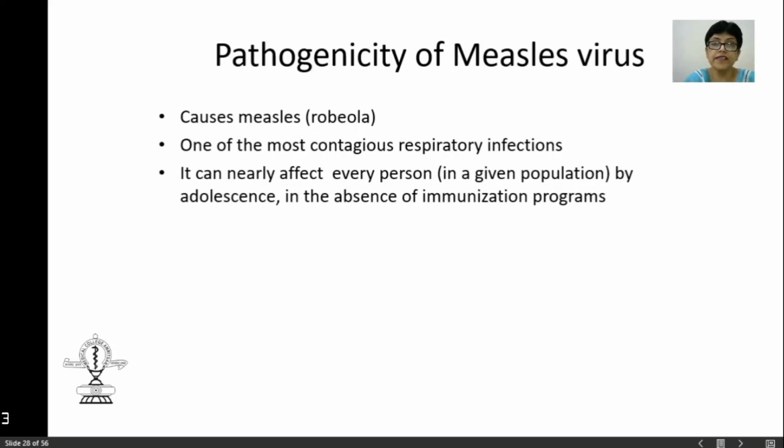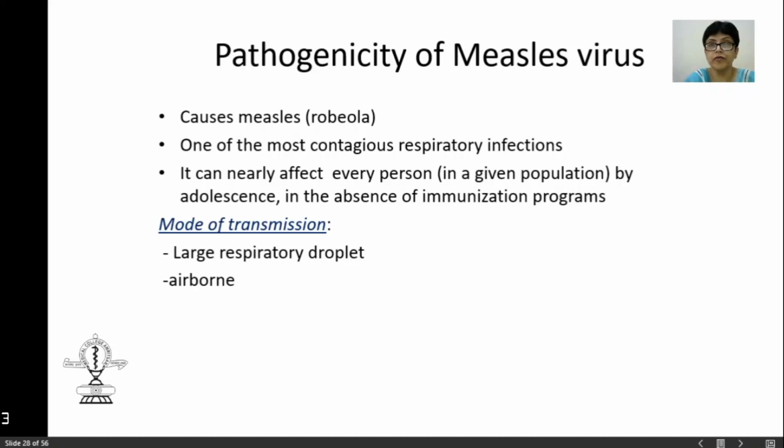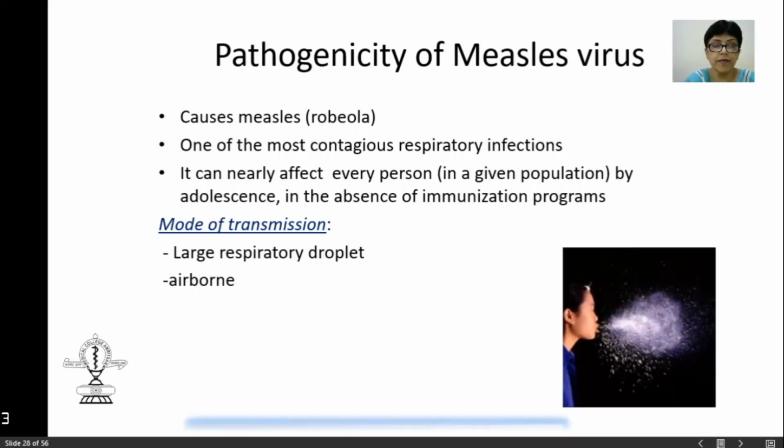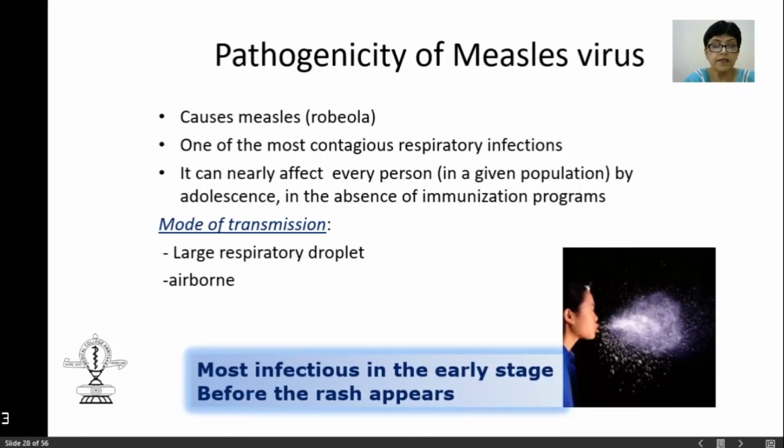It can affect nearly every person in a given population by adolescence in the absence of immunization programs. The mode of transmission is large respiratory droplets spread by the airborne route, and it is mostly infectious in the early stages before the rash appears. However, it continues to be infectious even a week after the rash has completely disappeared, but it is most infectious before the rash has appeared, in the prodromal period.